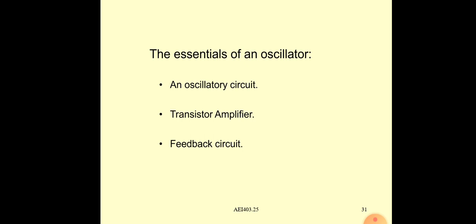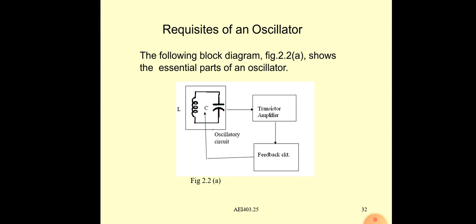Oscillator circuit means there is no input signal, only bias voltage will be there, and with respect to the bias voltage it will produce the signal. Next it requires a transistor amplifier and a feedback circuit. The feedback circuit may be LC feedback or RC feedback.